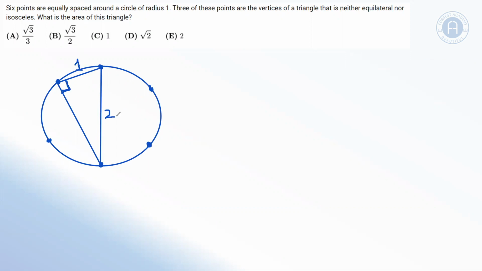So we have a right angle triangle with sides 1 and 2, 2 being our hypotenuse. So if we want to find our smaller side here, we're going to use some Pythagoras. So a squared plus b squared equals c squared. So the square of the 2 smaller sides is equal to the square of the hypotenuse. The hypotenuse is 2, one of our smaller sides is 1.